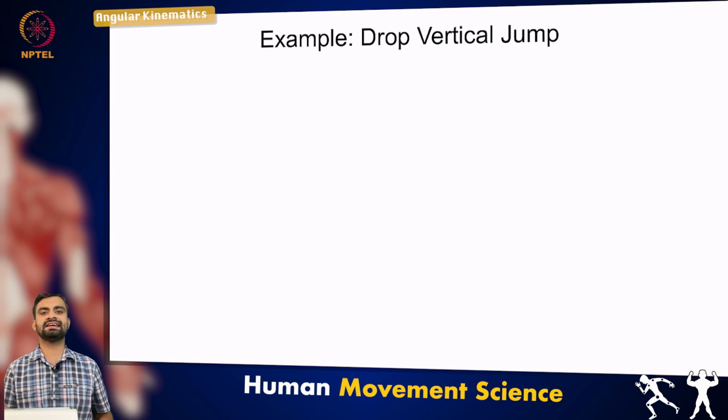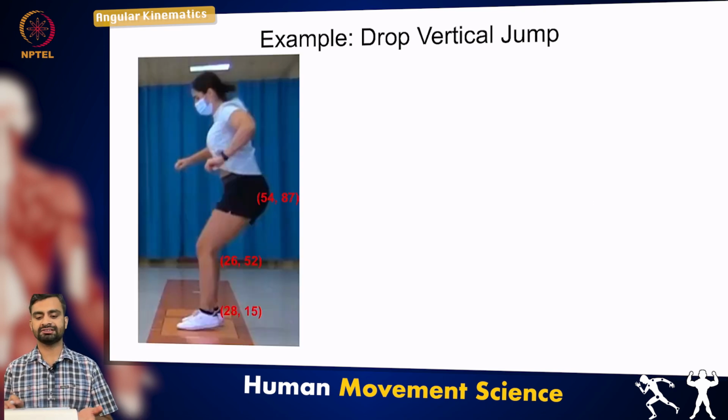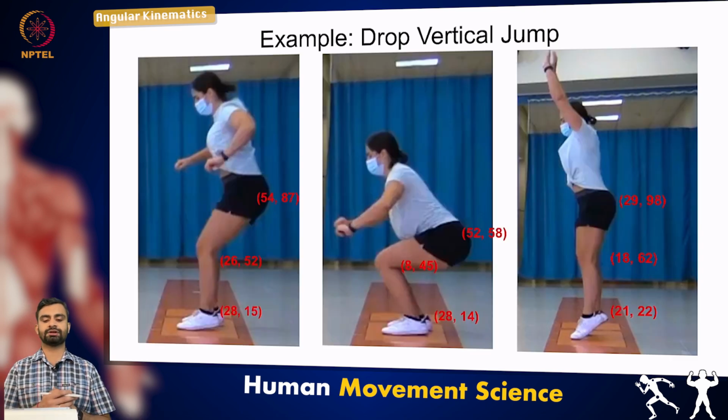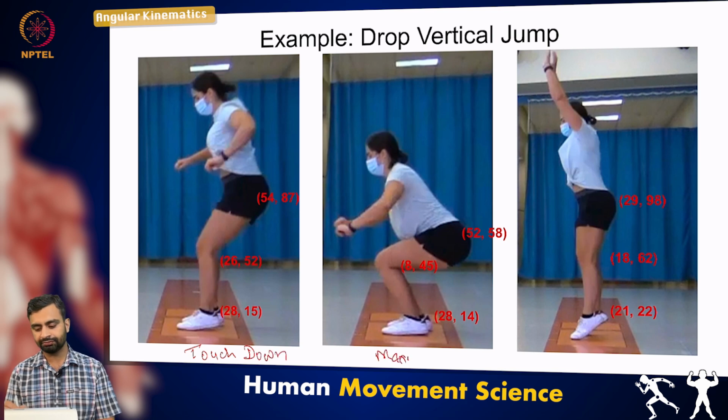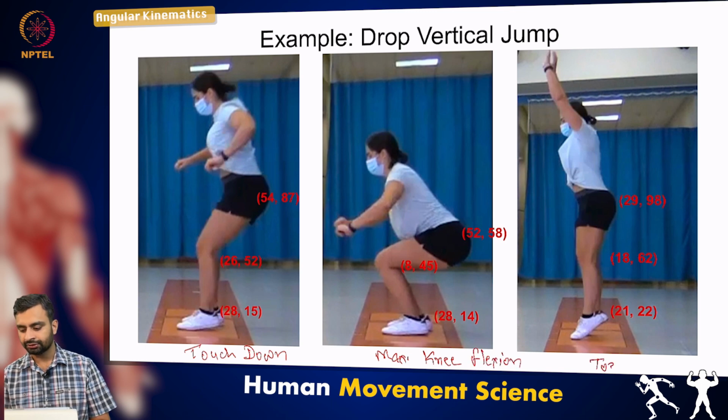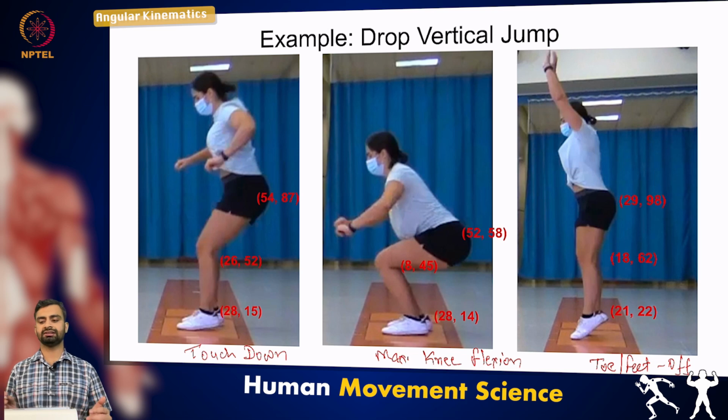So now let's see the example which we discussed earlier in our linear kinematic analysis, a drop vertical jump, where we looked at three specific positions. First is the touchdown, second is the maximum knee flexion, and third is the toe or feet off, when the athlete is ready to take a vertical jump.